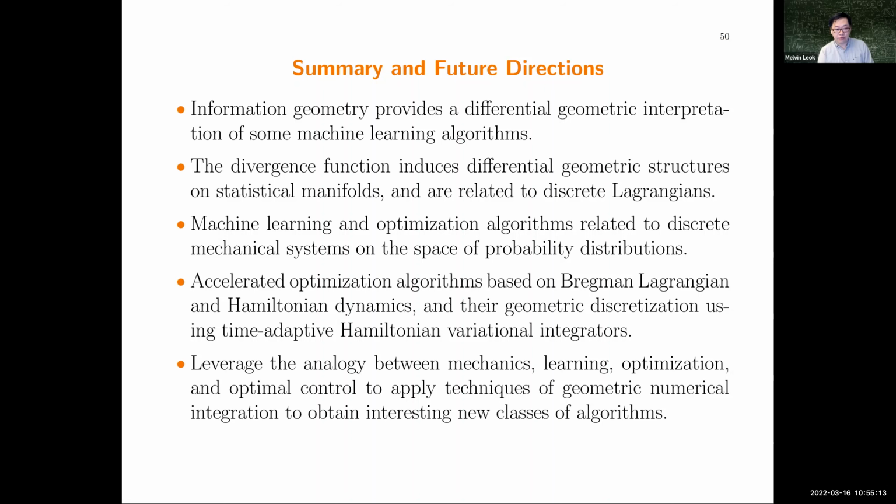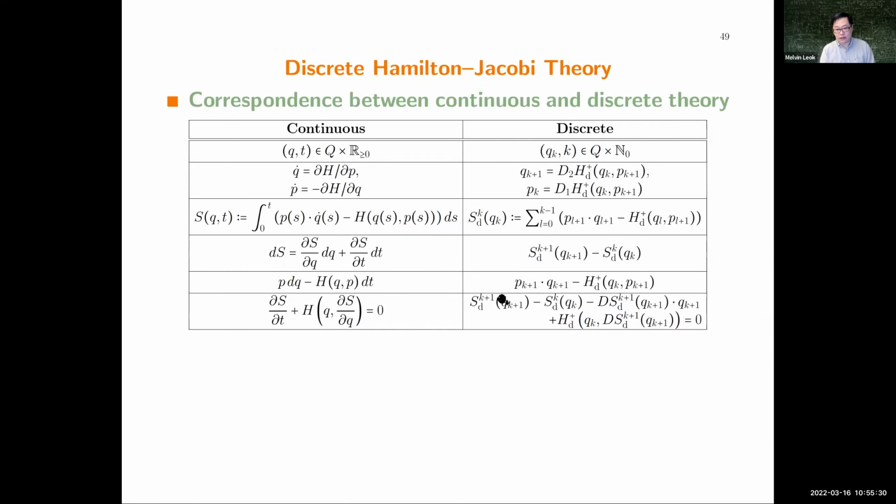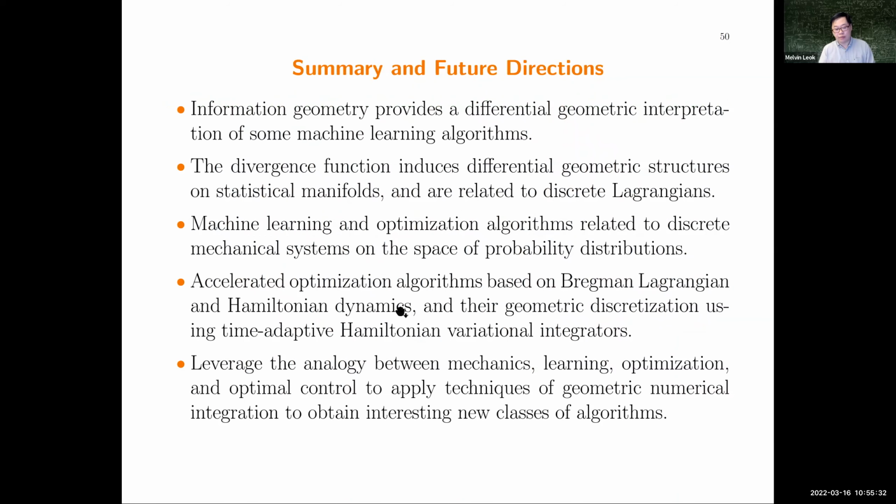And so you can view some machine learning algorithms and optimization algorithms in terms of discrete mechanical systems on the space of probability distributions. And you can study accelerated optimization algorithms and their generalizations in terms of Bregman Lagrangians and Hamiltonian dynamics. And you can discretize them using these time-adaptive Hamiltonian variational integrators.